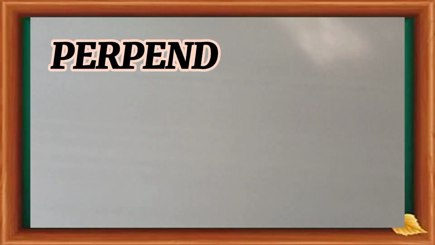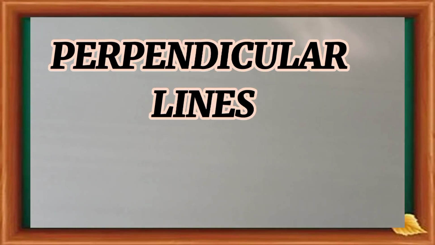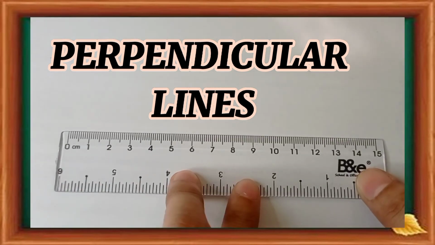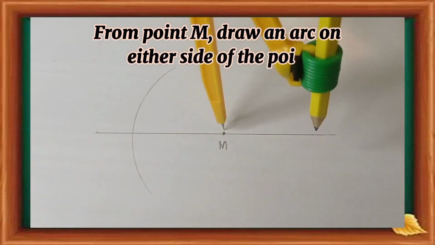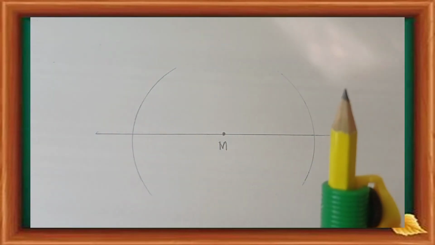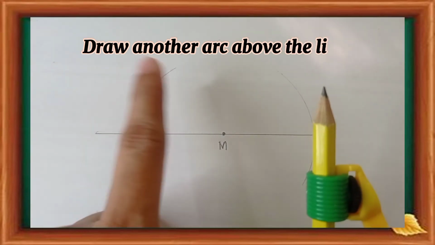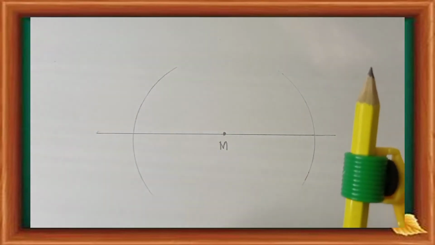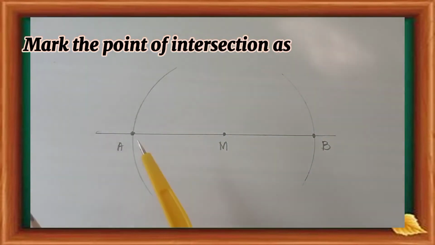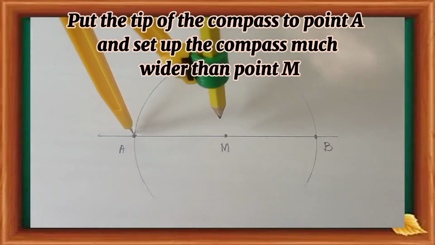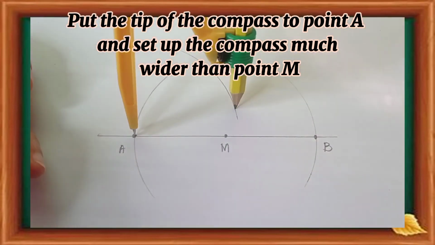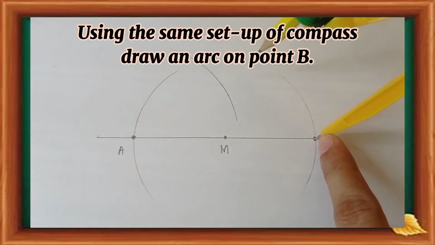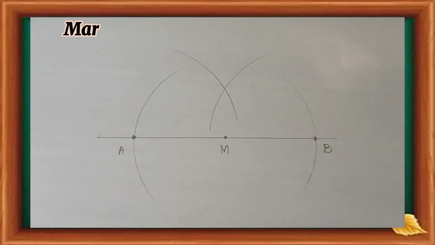This time, let us make perpendicular lines. Let us draw another arc on top of this segment. As you can see, there is a point of intersection of the arcs.